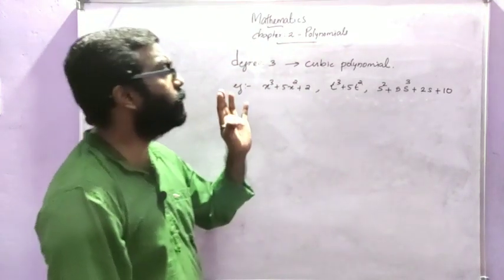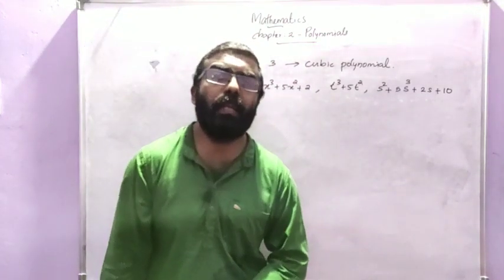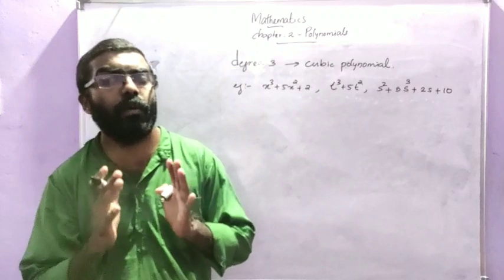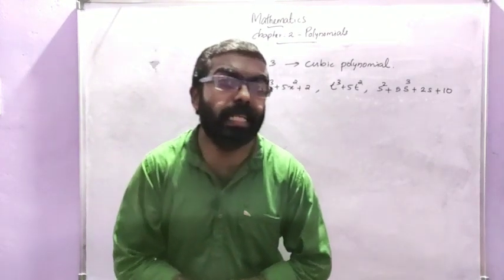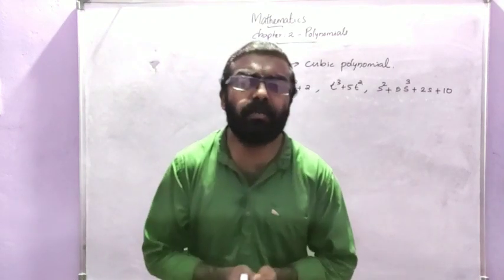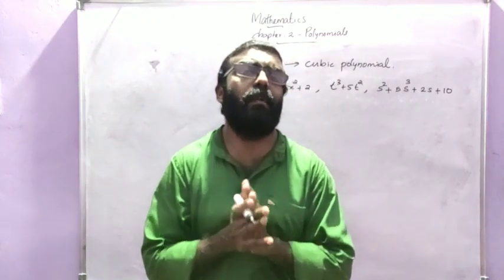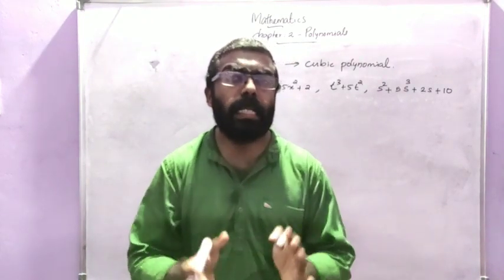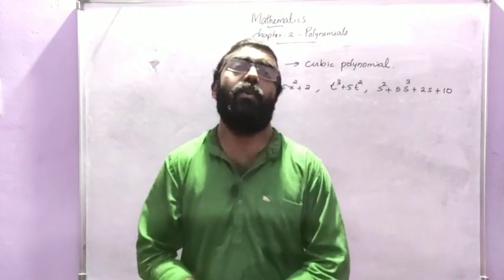Okay, these are some examples of cubic polynomials. So a polynomial with degree 3 is called a cubic polynomial. Now how many terms do you think a cubic polynomial in one variable can have? It can have at most 4 terms.